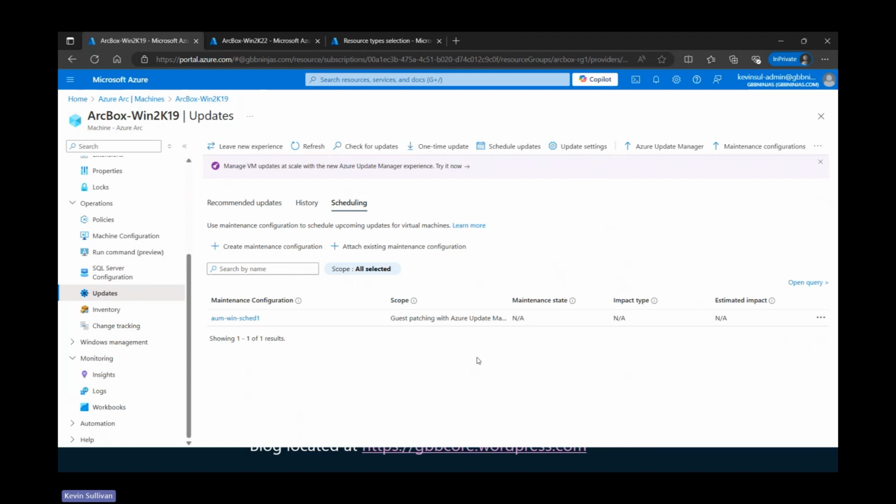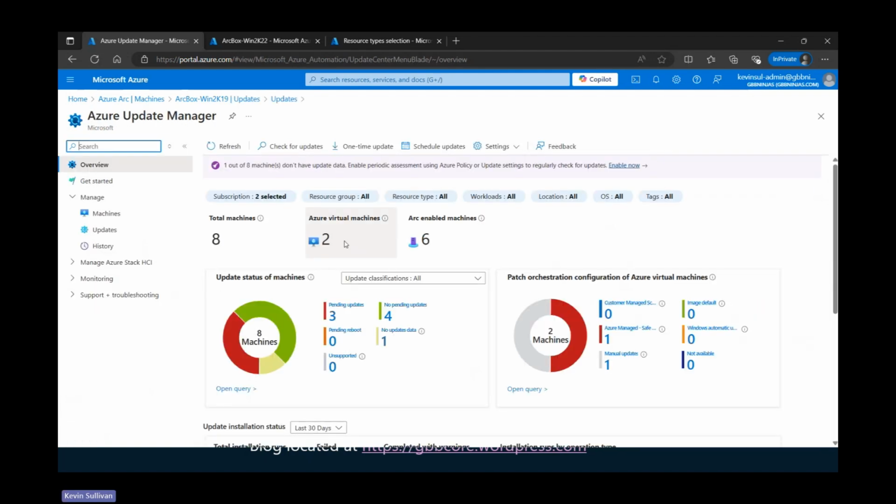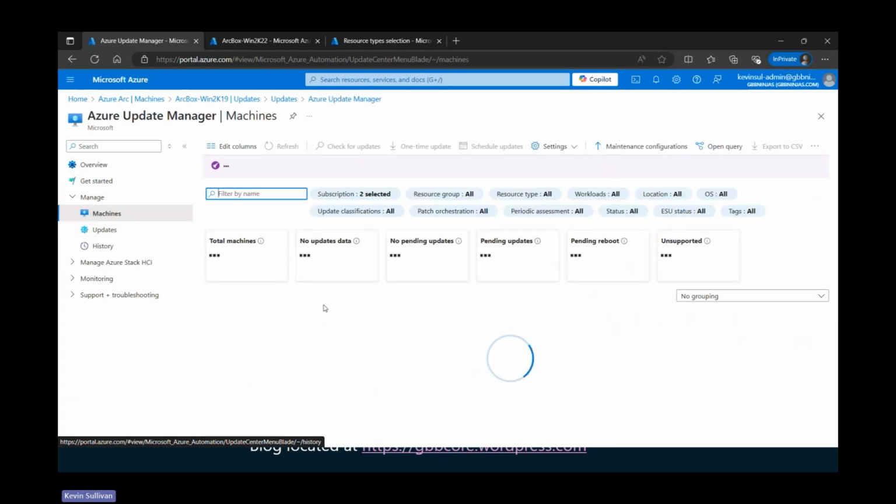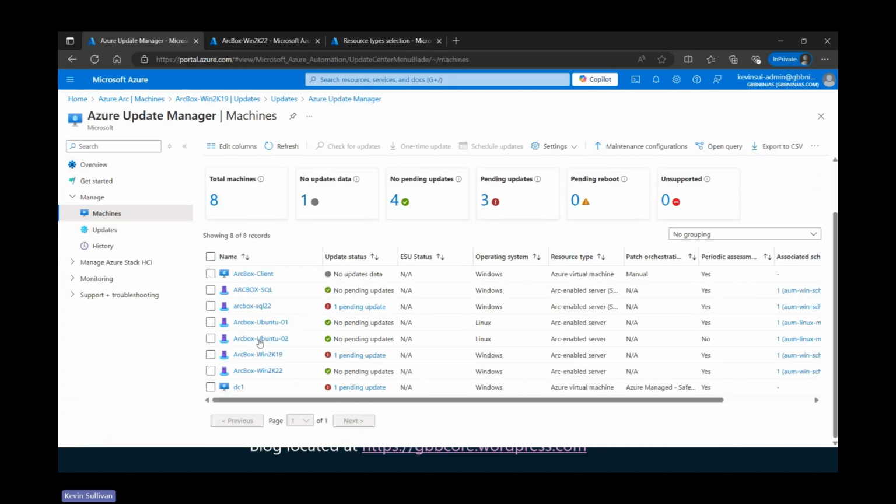How that's happening is I can apply what's called an Azure Update Manager maintenance configuration. What's interesting about this is that just like Defender, or as we have seen with Monitor and all these other things, machines are machines. It's all about bringing together.